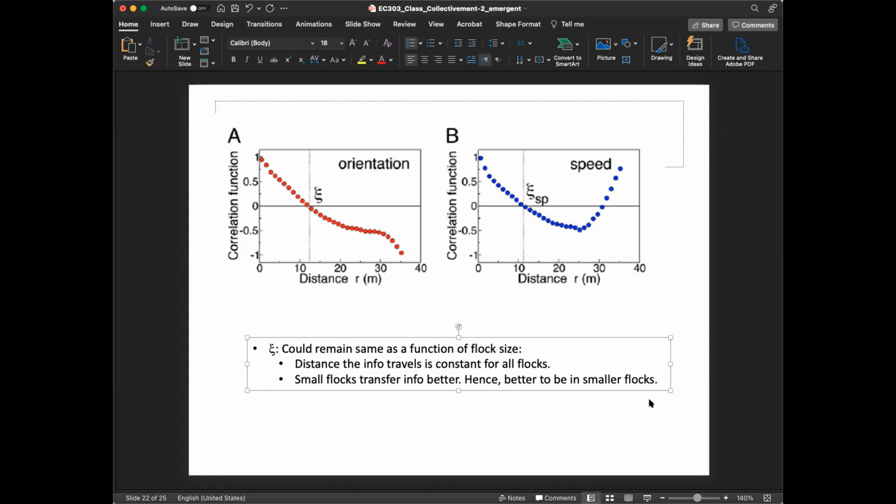So basically, imagine if the flock size was 5, then the information will travel to everyone because it's such a small flock size anyway. If it was 10, again it will travel to everyone. If it was 100, maybe they reach a saturation. So one possibility is that this psi can increase with group size, but it saturates after some threshold flock size. Is that reasonable?